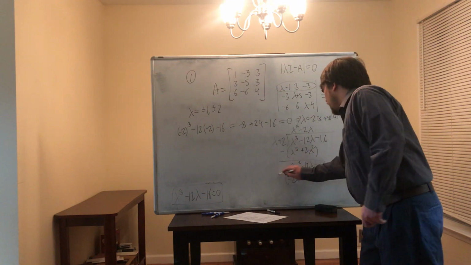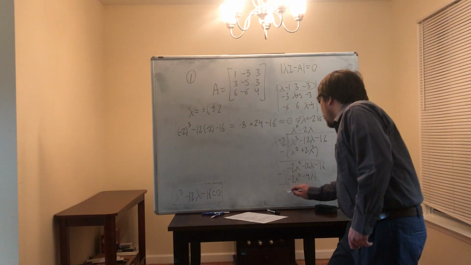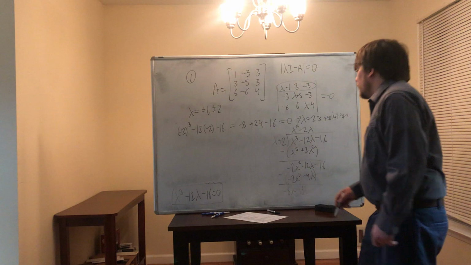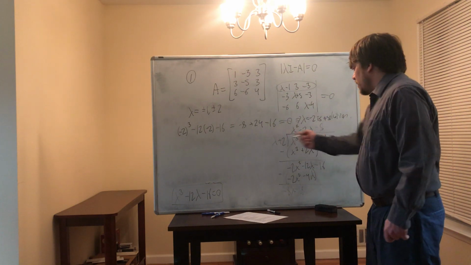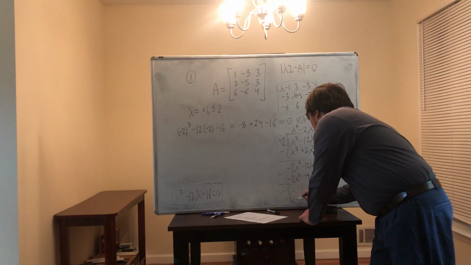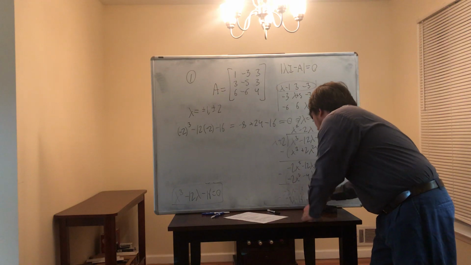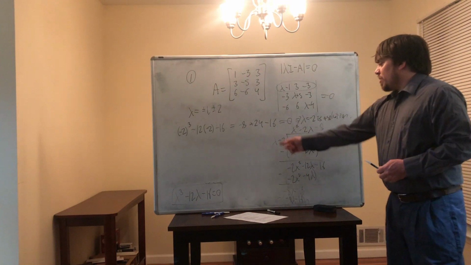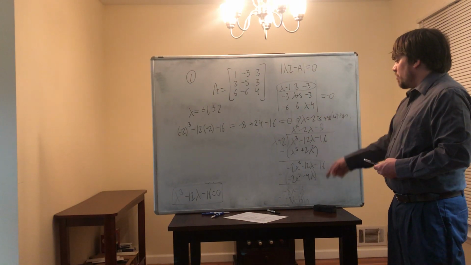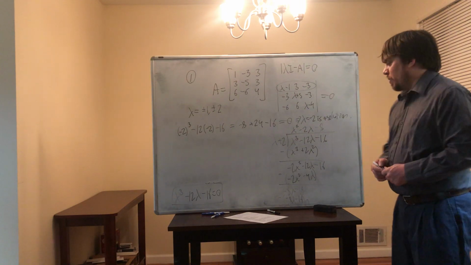When you subtract, there's minus 8 lambda minus 16. And if you do minus 8 times that, you get minus 8 lambda minus 16. Those cancel and you get a remainder of 0. So lambda plus 2 times lambda squared minus 2 lambda minus 8 is equal to that polynomial by long division.